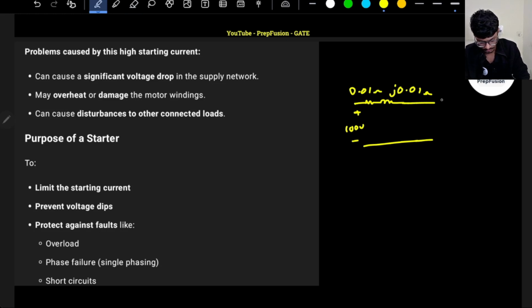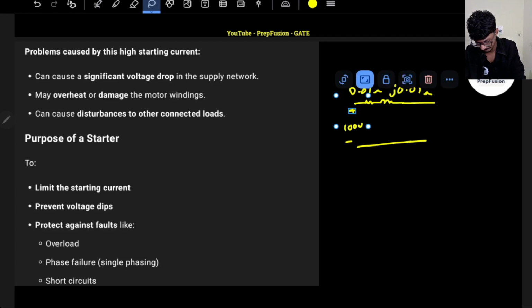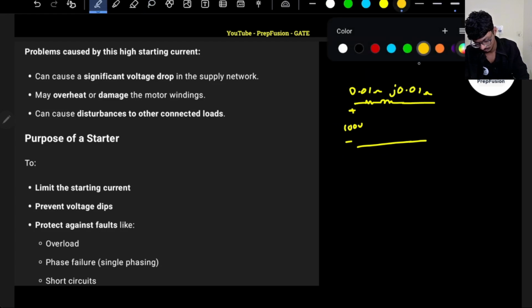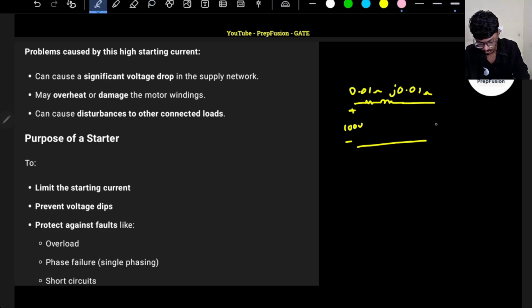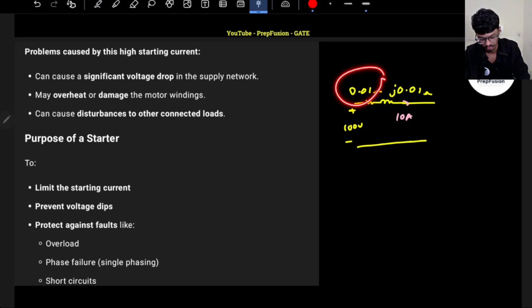So if a small amount of current flows, like 10 amps, then there will be a drop of approximately 0.1 volts, right?